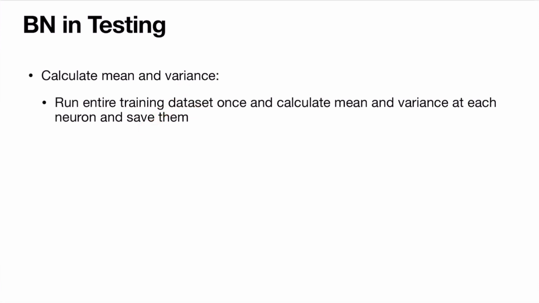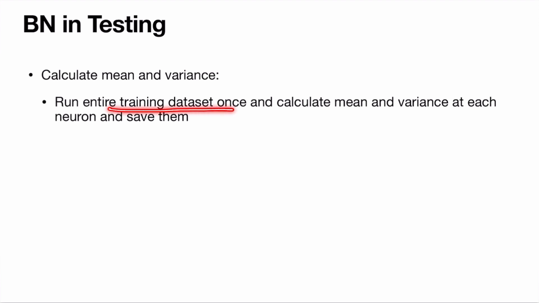But is it feasible? Our training dataset usually has hundreds or thousands of elements, so you cannot load all of them at a time into your RAM or GPU memory and do the processing. That is the reason you split them into batches and pass one at a time. So this is not a feasible solution.